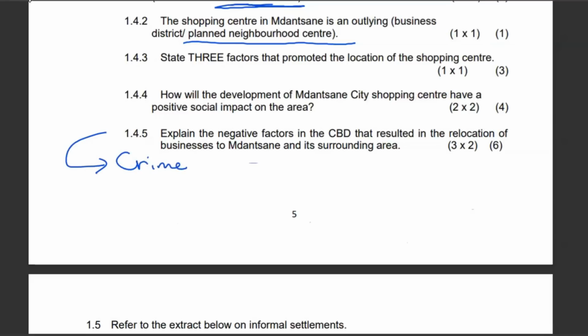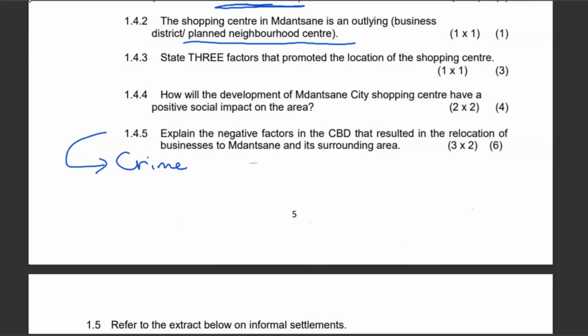We tend to find that there is lots of people in the CBD, and because of that confusion of congestion, some of the people take chances to commit criminal acts. For example, pickpocketing, vehicle theft, vehicle burglary, house burglary, shoplifting. All those things happen to disturb business in the CBD.